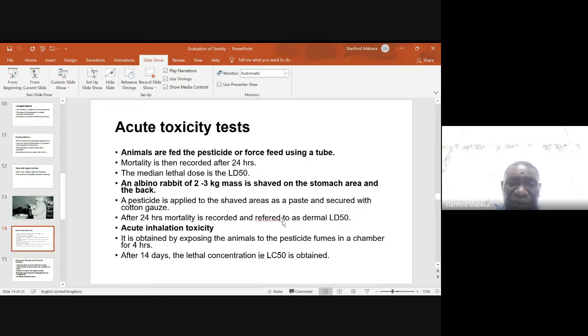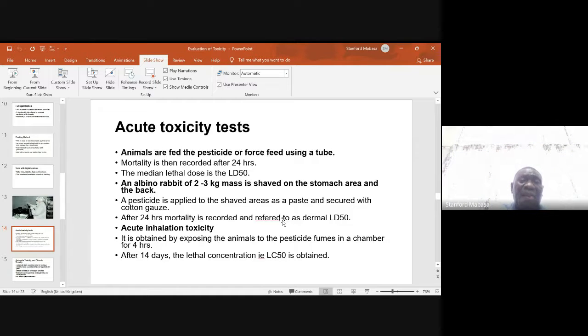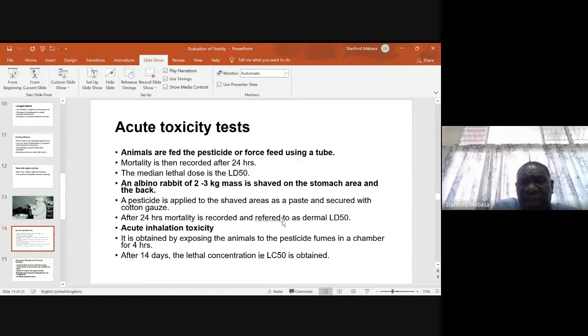Now, after 24 hours, you check mortality, which is referred to as dermal LD50. Because what you are saying is that sometimes the pesticide can penetrate via the skin and cause some toxicity.